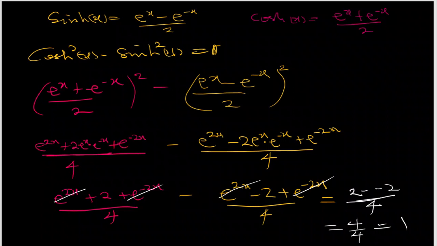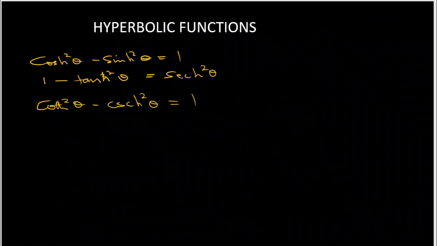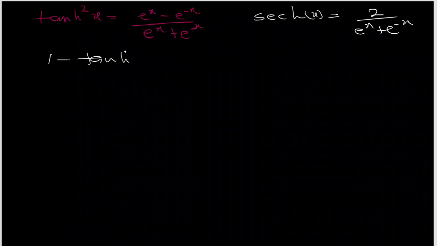Let's go to the next identity. The next identity is 1 minus tanh square x is equal to sech square x. So let's write that here.